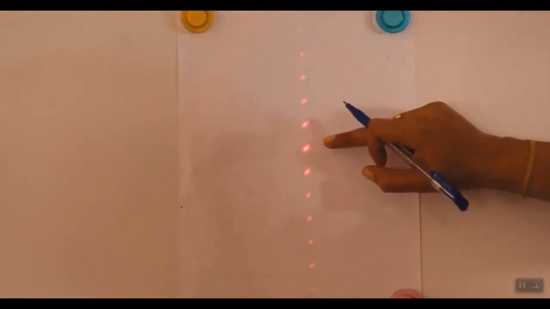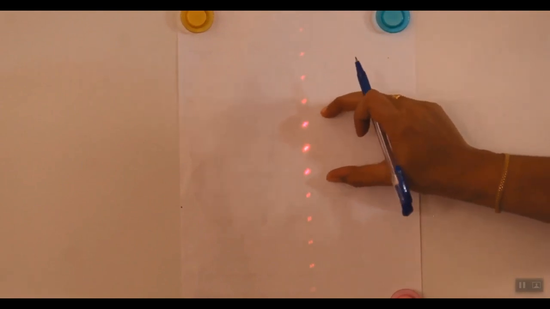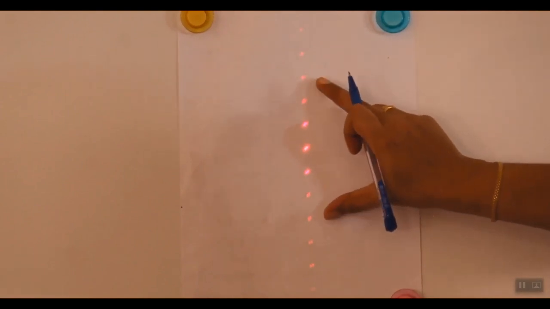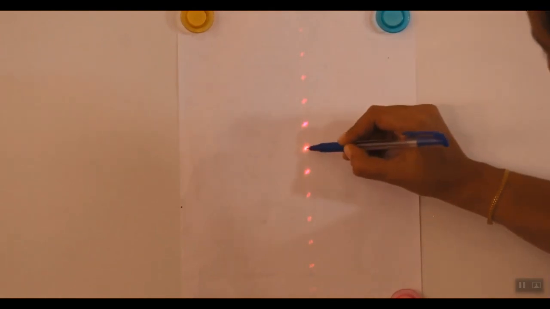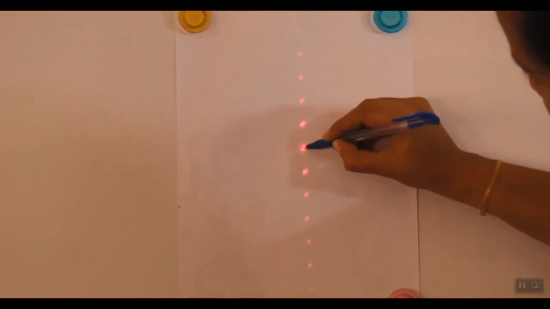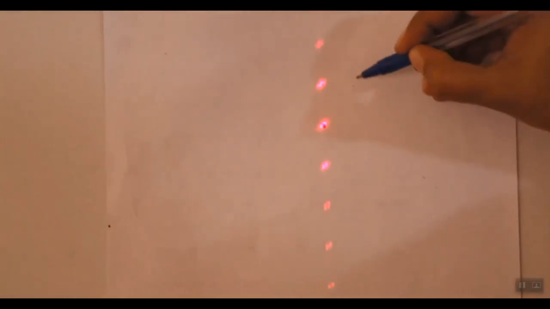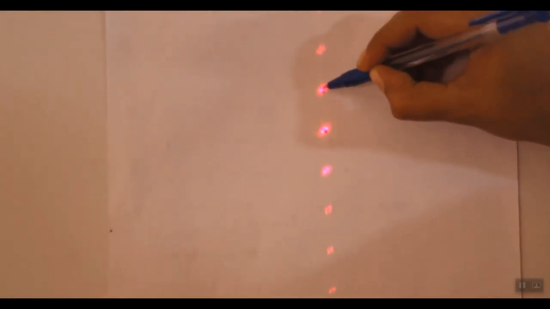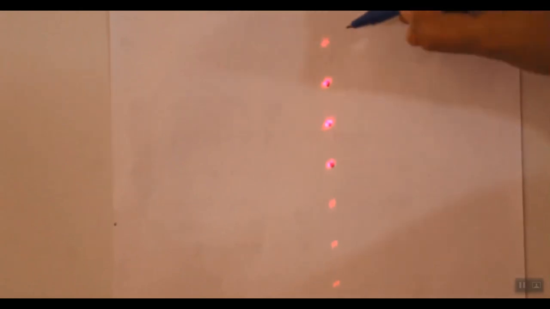Now the screen is moved to a fixed distance L, and a collection of spots is obtained on the screen. At the middle, the central maximum is obtained, while on either side of this central maximum are higher order maxima: first order, second order, third order maxima on both sides of this central maximum.